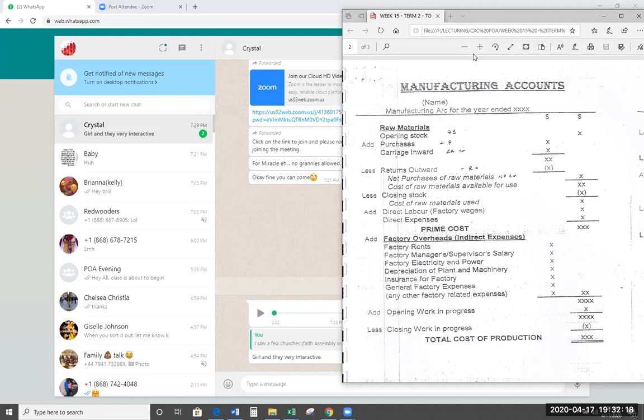Raw materials and work in progress. Correct. Work in progress and raw materials, we use those figures in our manufacturing accounts. Finished goods is used in our profit and loss account. Okay, that is very important.